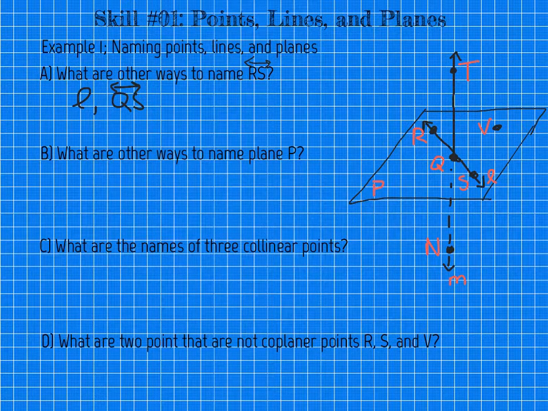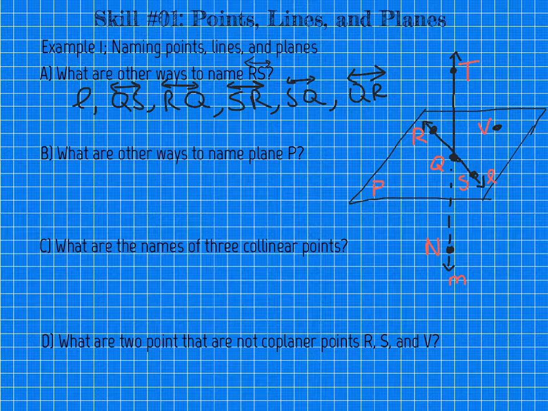Or it could be RQ, or we could call it SR, or we would have SQ, or QR. So all of those ways are ways to say the same line.